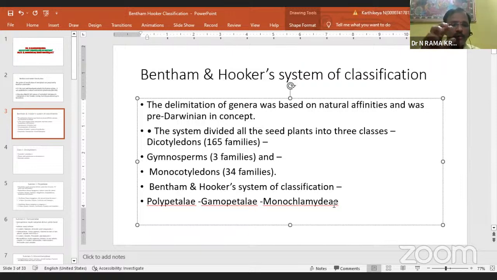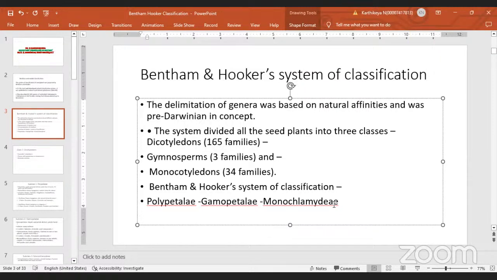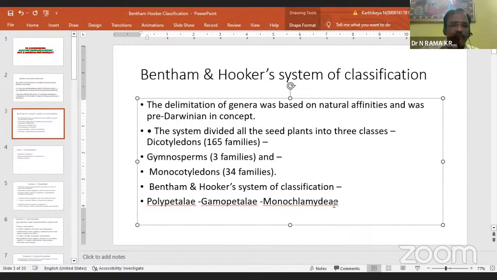Now, what is the meaning of polypetalae? Yesterday I already told. Many petals. Yes, sir. Before going to Thalamiflorae, wait.